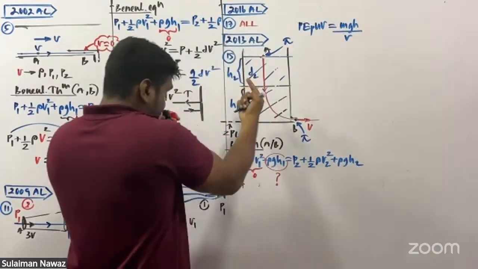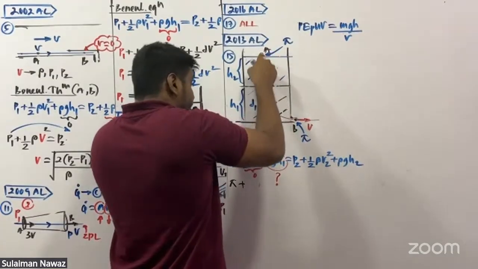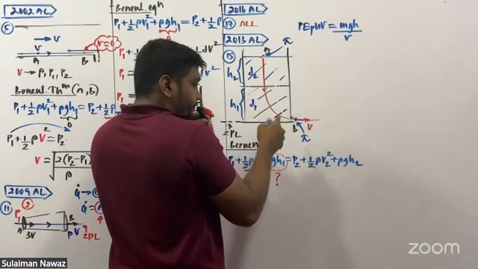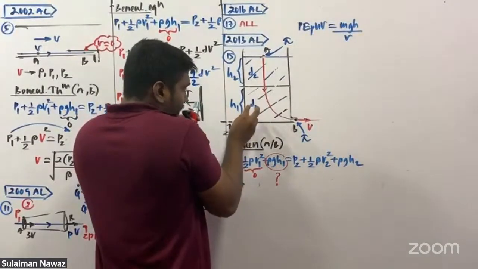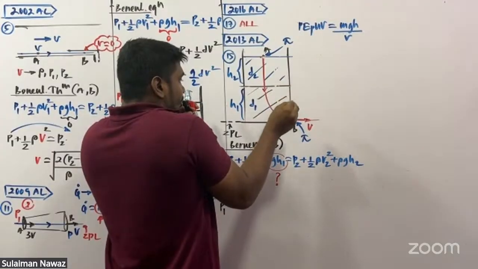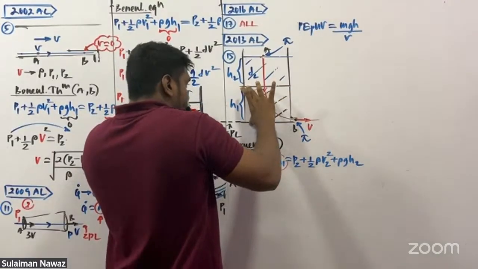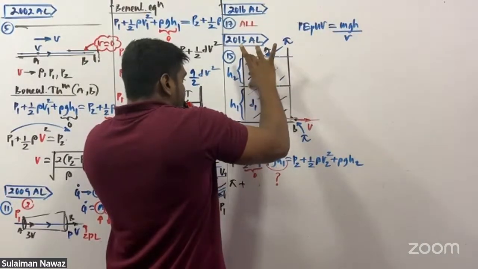So you want to consider the total potential energy at point A relative to the zero potential level. Therefore, you have to consider the potential energy per unit volume of this liquid as well as that of this liquid height.